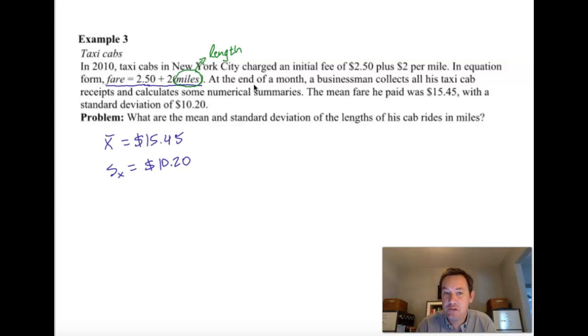So the first thing I'm going to do is subtract that 2.50. So I'm going to get 2 times the length equals the fare minus that 2.50. And then to isolate the length, I'm going to divide everything by 2.